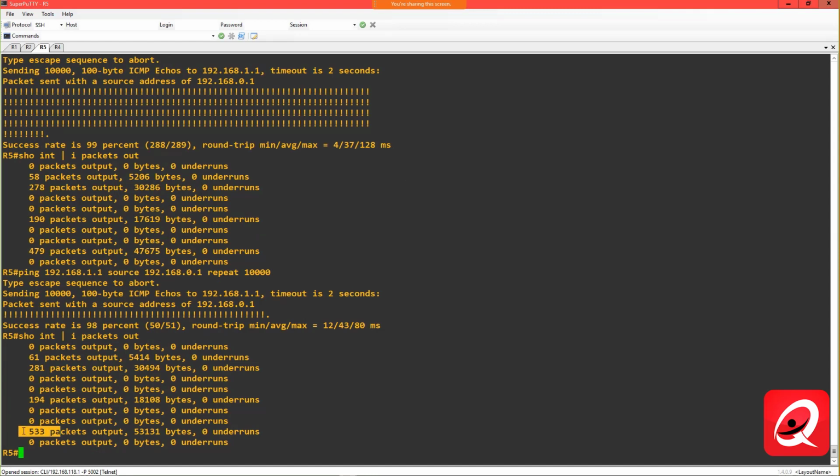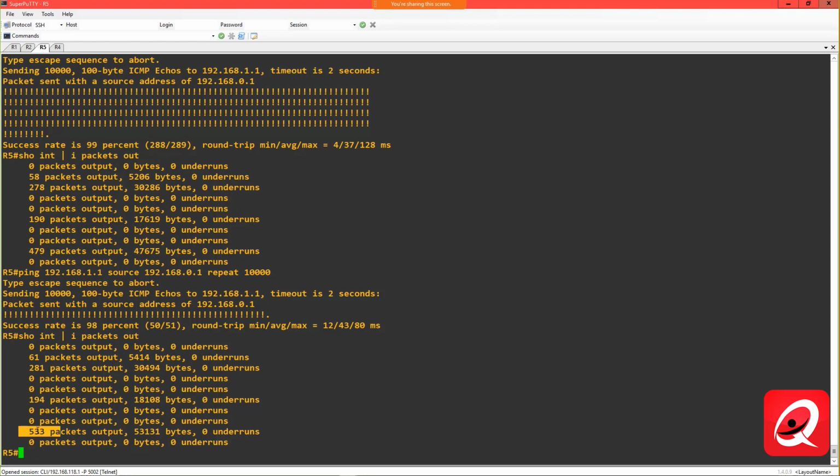Yeah, so that particular flow has been mapped to that interface, which is a good thing because on a per flow basis, CEF is fixing the problem of these UDP flows potentially being broken up, but on a per destination basis or per packet basis, EIGRP is going to try and load balance over different interfaces. So it's not that we can't use the other interfaces. They're still part of the available paths for the route, but we're not going to get true load balancing like we typically would see if CEF was disabled.